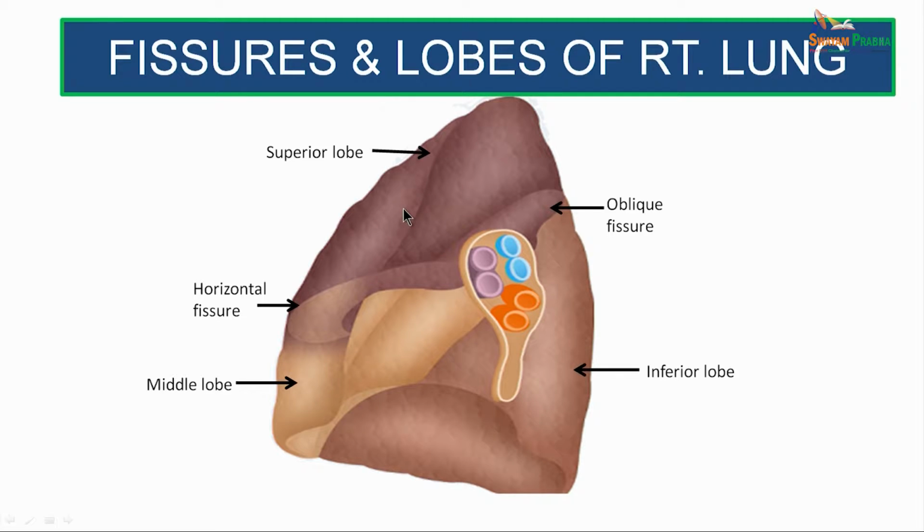So, this oblique fissure divides the lung into a superior lobe and an inferior lobe.